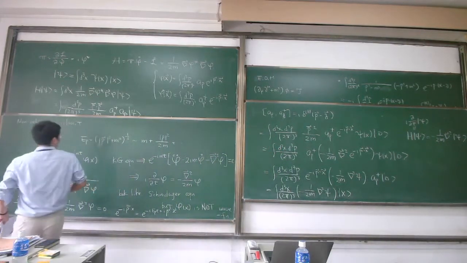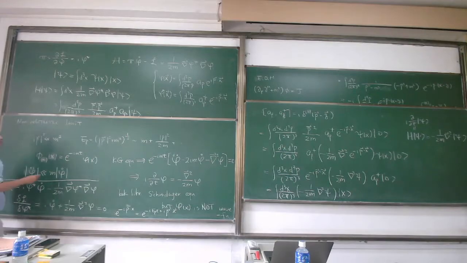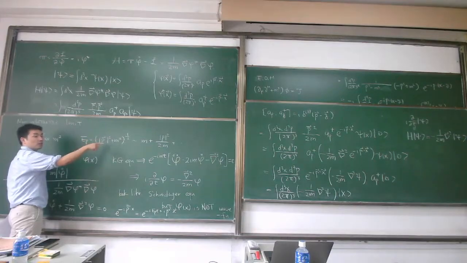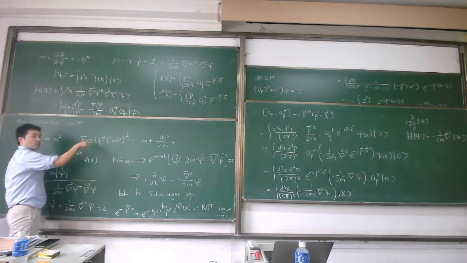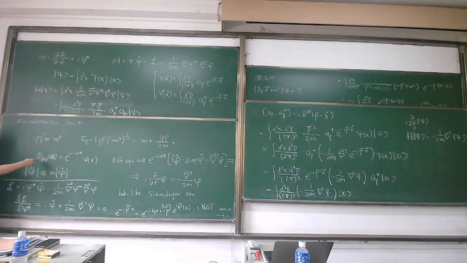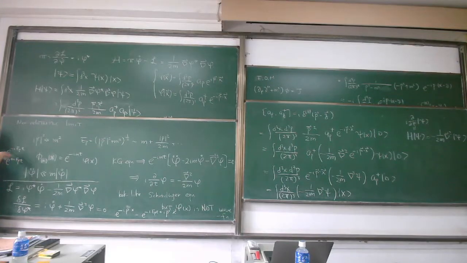Yeah, so here you can take plus minus if you take the square root, and I pick only plus one. Energy is plus one. So in the Fourier transformation you have e to the minus i E_p t or e to the plus i E_p t. We only pick this part to go to non-relativistic. That's why his question is also related to this one. So we throw away the other part to go to non-relativistic.